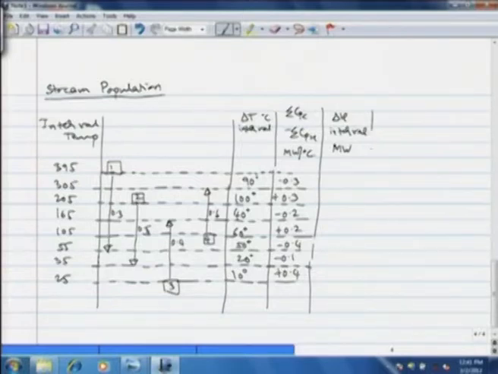So first interval minus 0.3 into 90, that is minus 27, then plus 0.3 into 100, that is plus 30, then next is 40 into minus 0.2 is minus 8, and then you can go ahead.